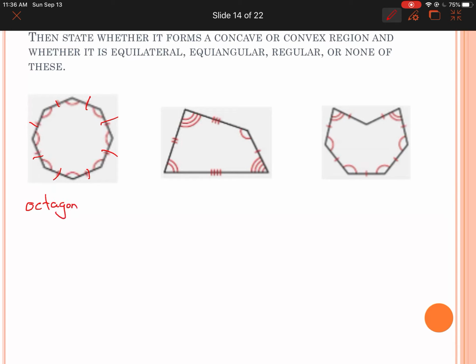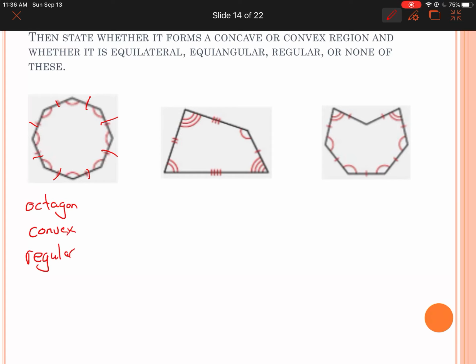Next, it's convex. It doesn't cave in at all. And lastly, we see that all the sides are equal and all the angles are equal to each other, so it is regular. So we would say this is a regular octagon.